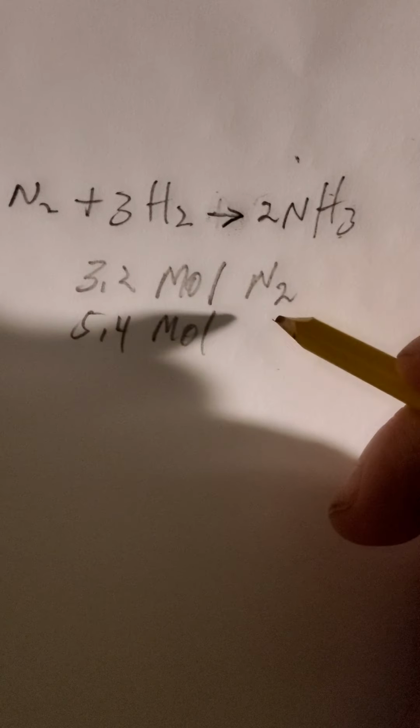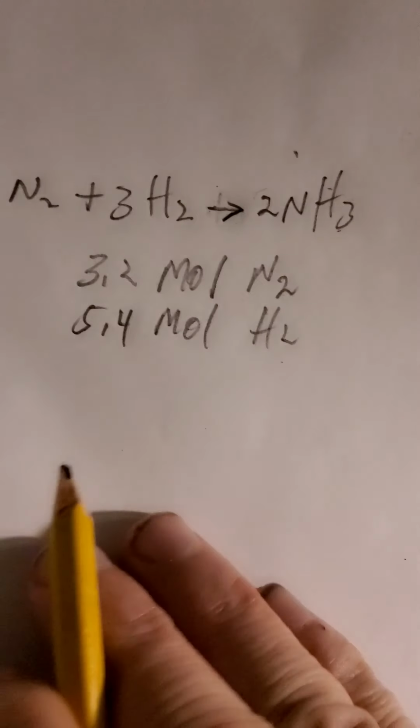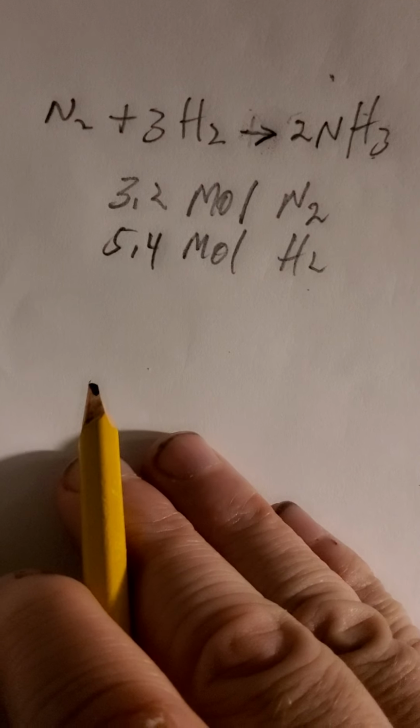We know that we're starting with 3.2 moles of nitrogen. That's what we have available. And we also have 5.4 moles of hydrogen, diatomic. Okay, remember that, diatomic.